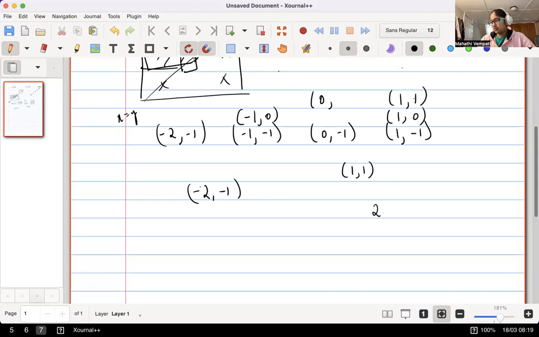To reach minus 2, if you add 2, you get 0. So this is 0, for instance, this thing. Yeah, you get 0, 1, right?